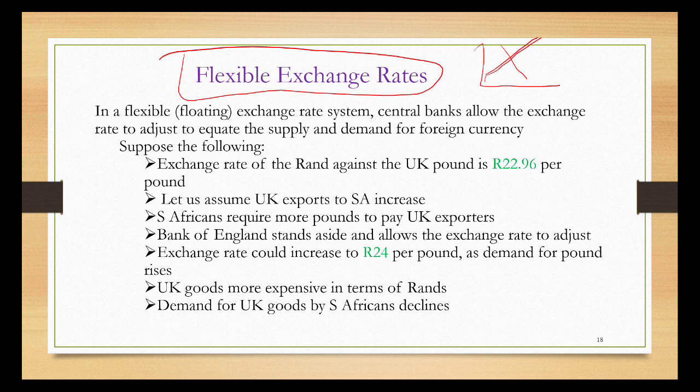If supply moves, price goes down. So basically, the demand for and supply of the rand move with the markets. That's your flexible exchange rate. So we looked at a fixed exchange rate, which is not influenced by demand and supply, but a flexible exchange rate is influenced by demand and supply.